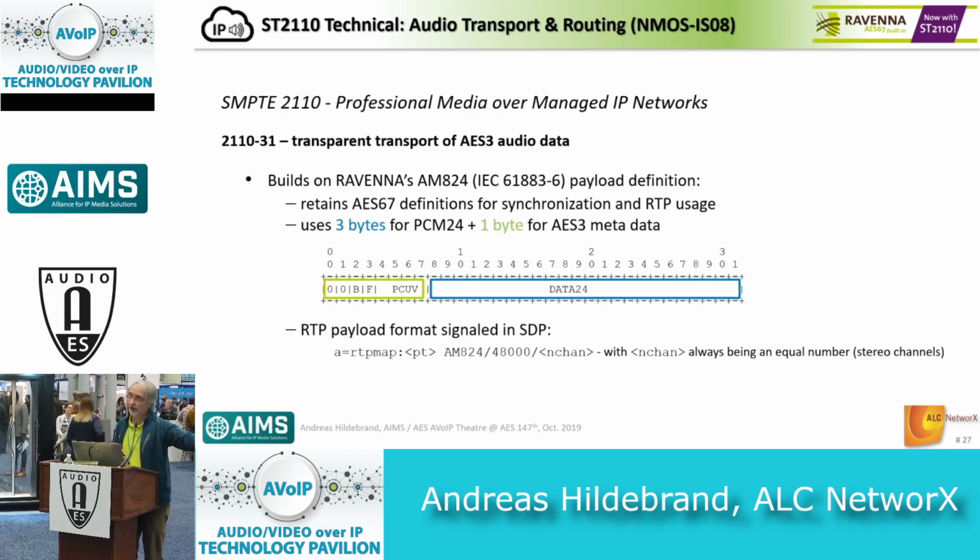And of course, we also need a different signalization so that the receiver knows, oh, it's not AES67 anymore, it's AM824. So we have a different signalization in the RTP map information. And then any other SDP parameters are the same. So those are basically the simple differences of -31 compared to AES67.